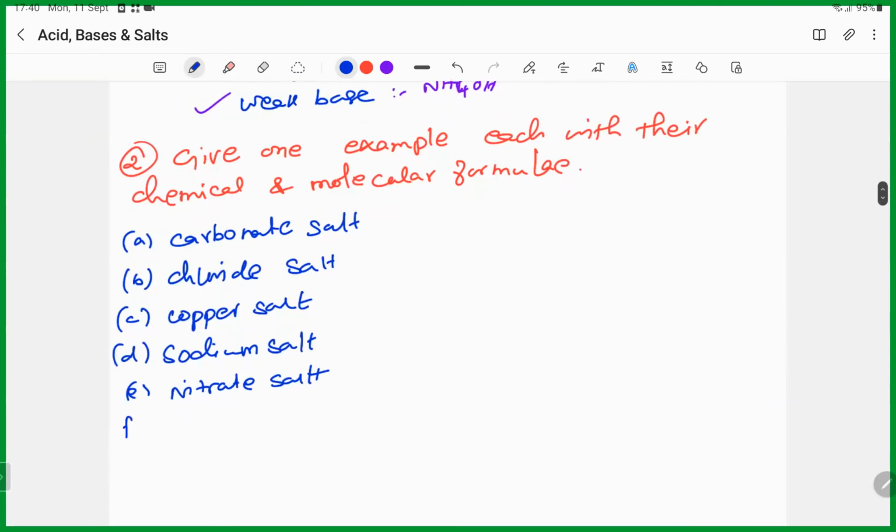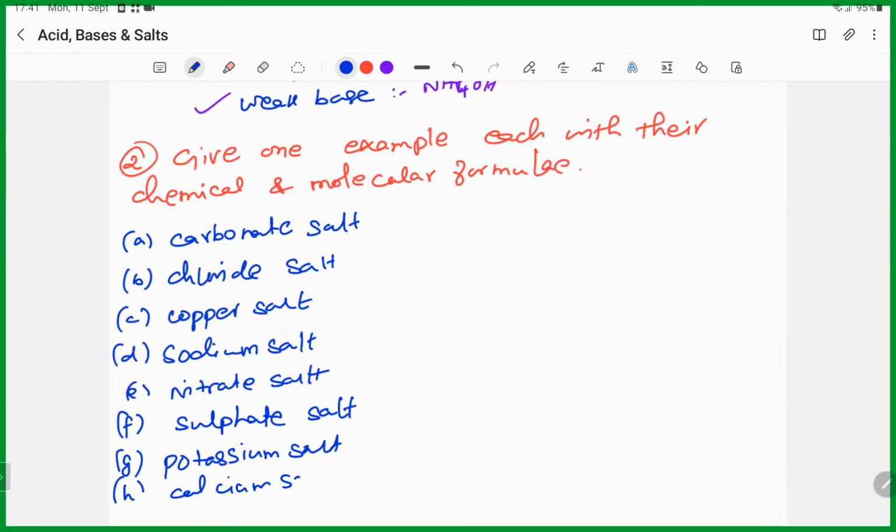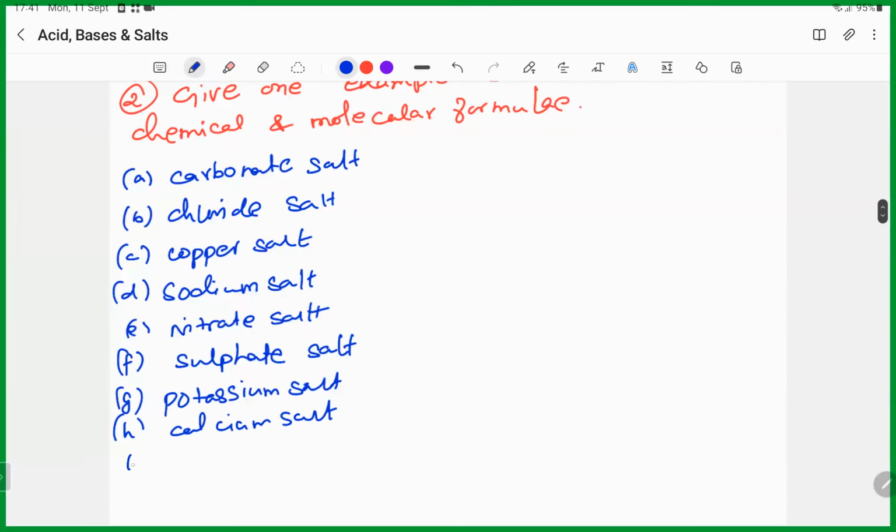Number six, sulfate. Number seven, potassium salt. Number 10, calcium salt. Number 11, nitrite. Number 12, sorry, number 10, phosphate.